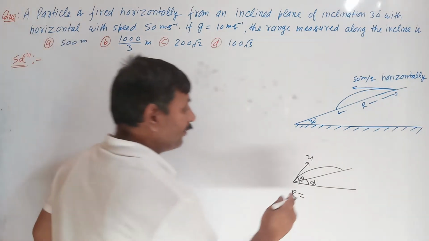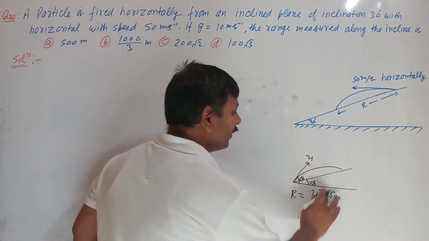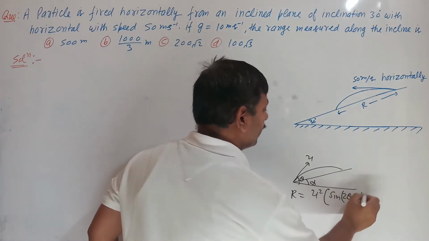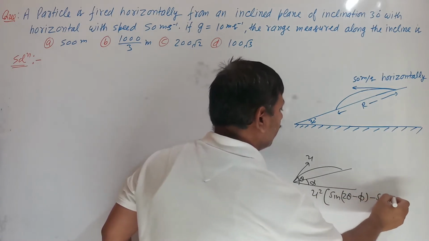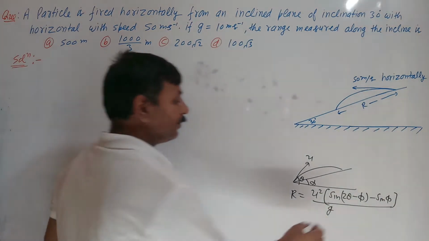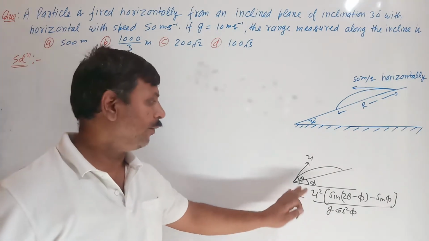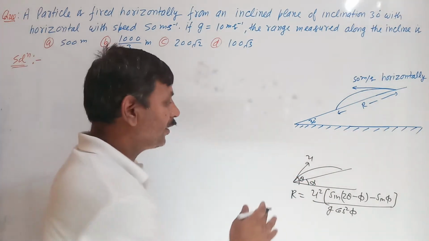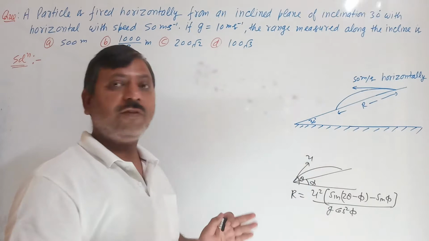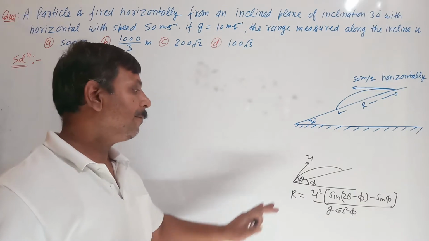That is u square sine 2 theta minus phi minus sine phi upon g cos square phi. This is the formula for when a body is projected along inclined plane at an angle theta from the horizontal. Phi is the inclination of inclined plane, theta is angle of projection from horizontal.